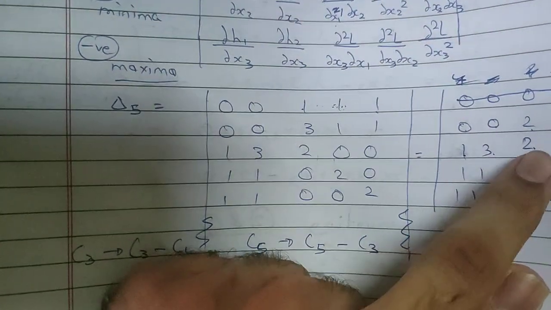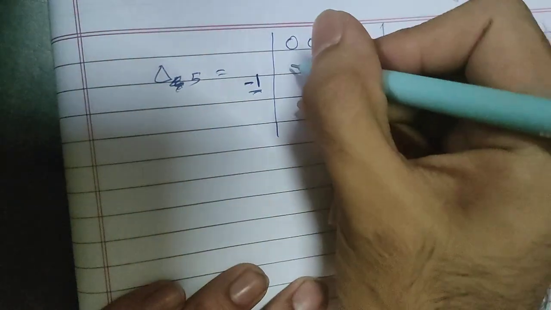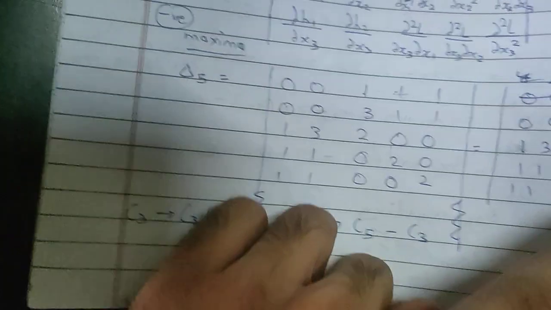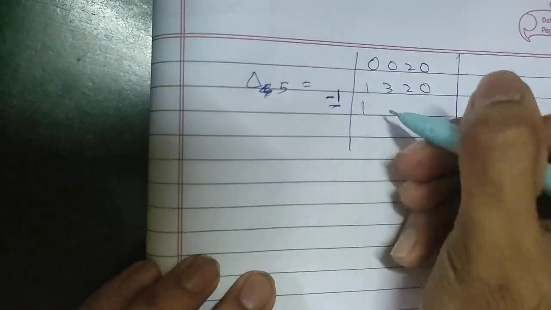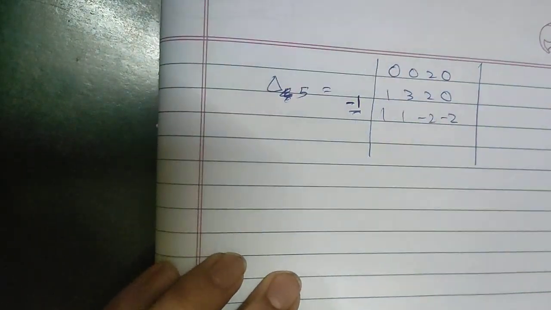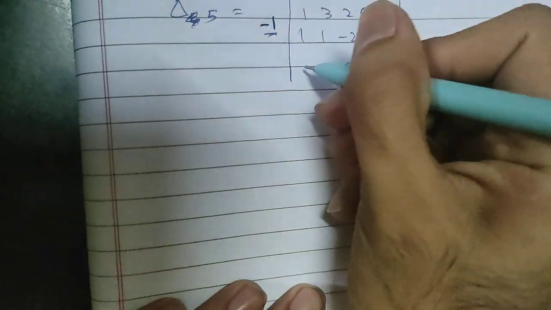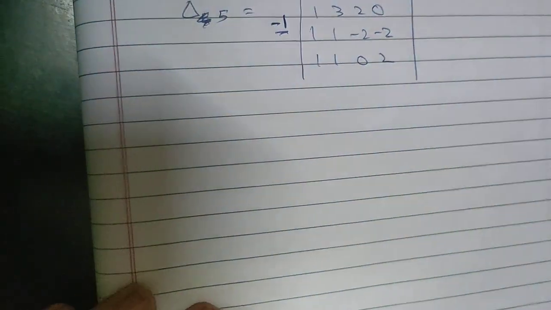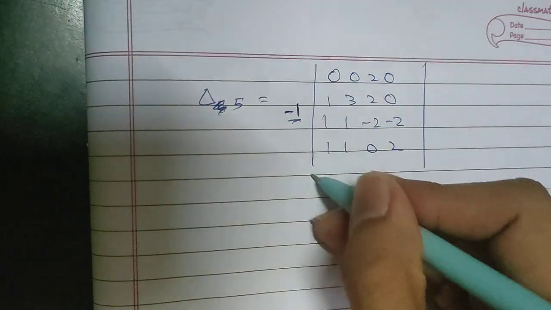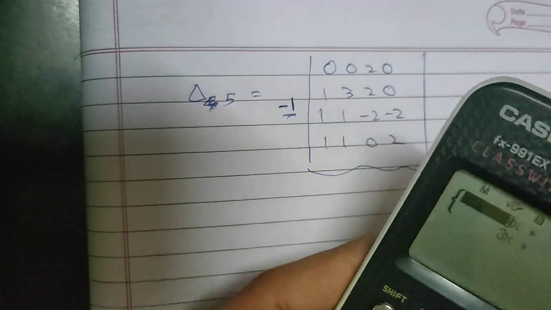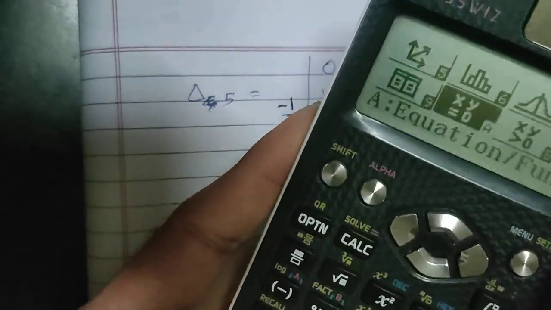Then we have 1, 3, 2, 0, then 1, 1, minus 2, minus 2, then 1, 1, 0, 2. Sounds good? Okay. Now since I can solve 4 cross 4 matrices with my calci directly, that is what I'm going to do.